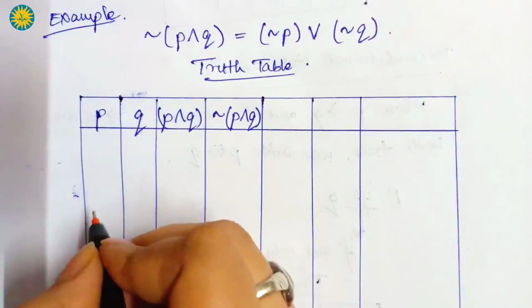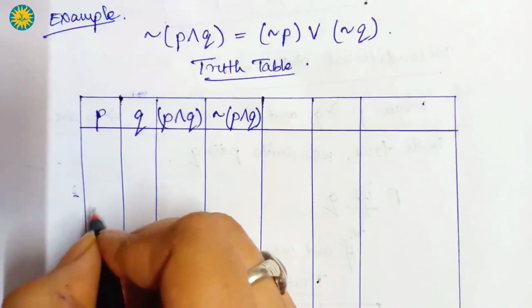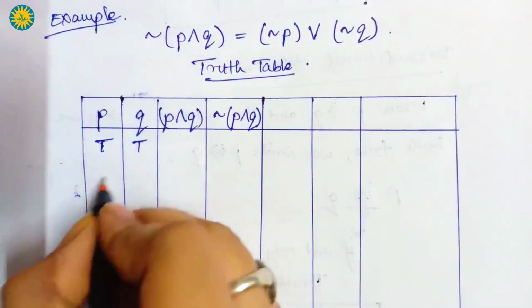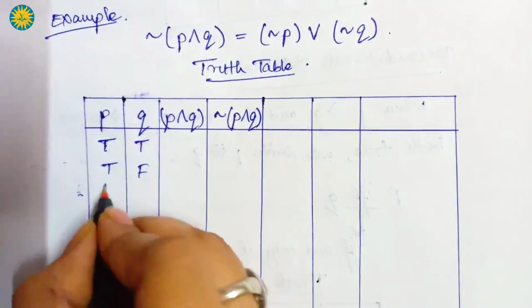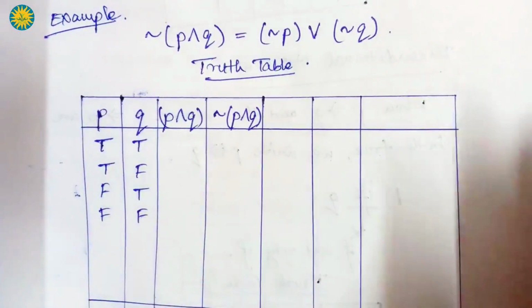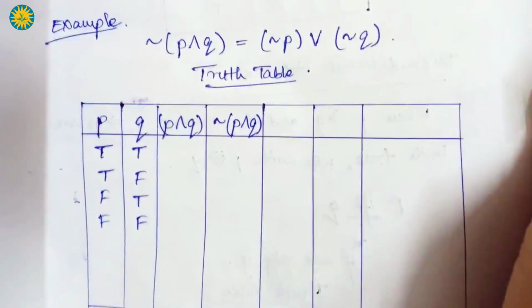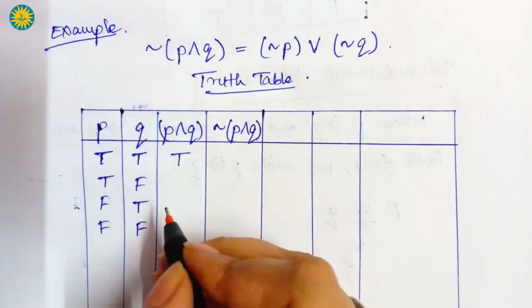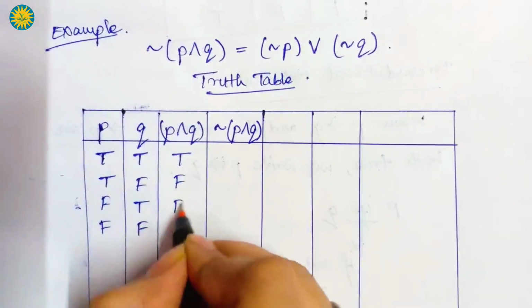So here there are 4 cases: true, true; true, false; false, true; and false, false. Then P and Q must be true for the first case and false for the rest of them.